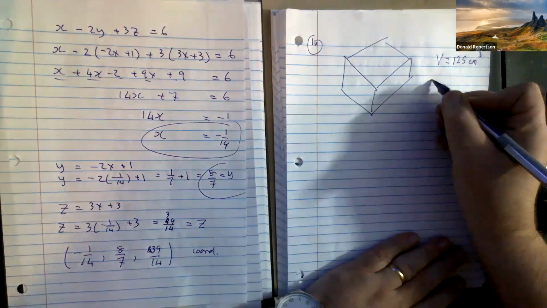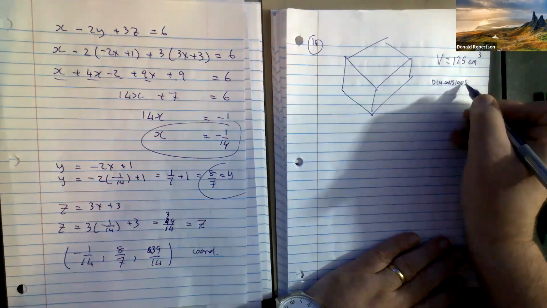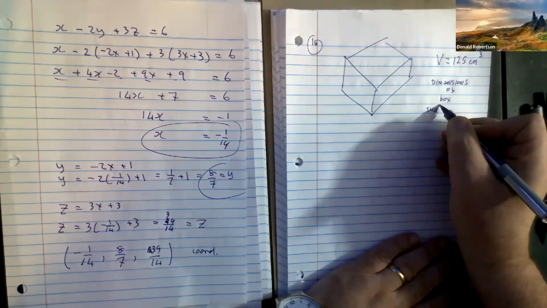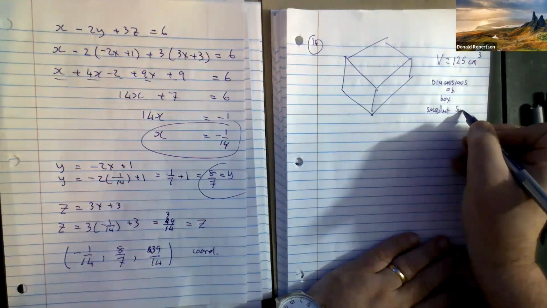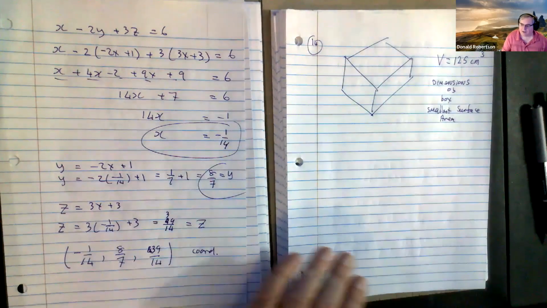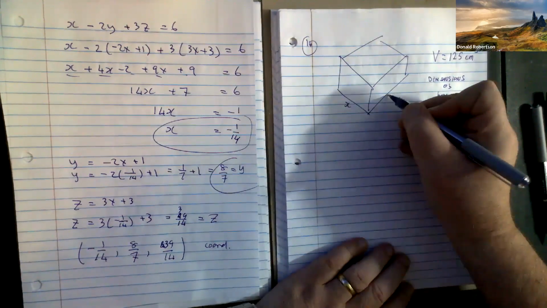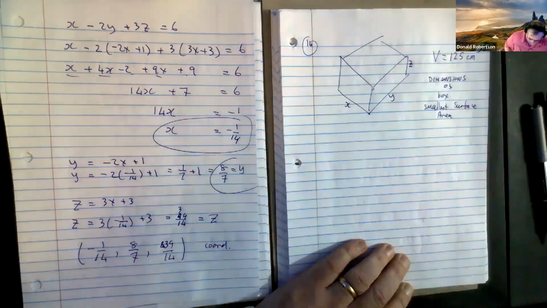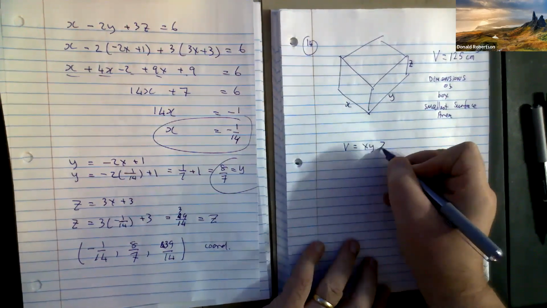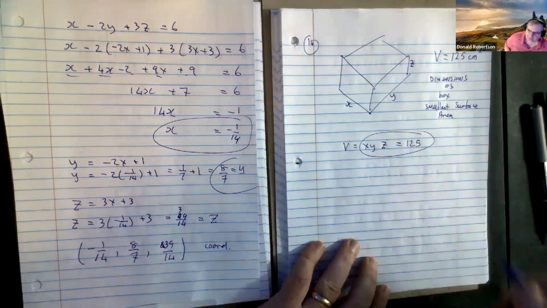And we're being asked to find the dimensions of the box with the smallest surface area. Okay. I do not know any of the dimensions, so I'm going to call them x, y, z. I know the volume is x times y, z, and so there is my constraint.